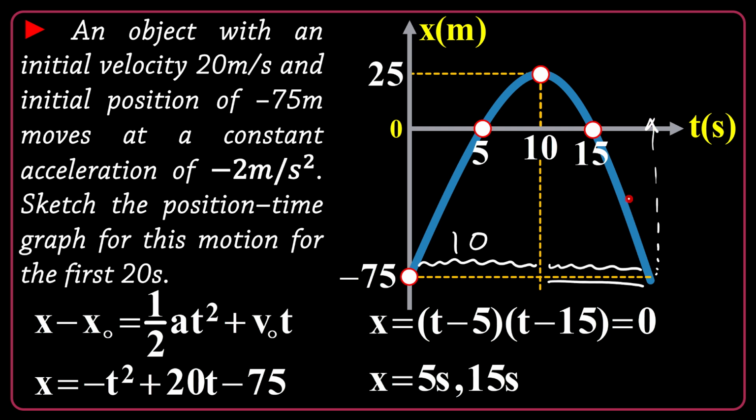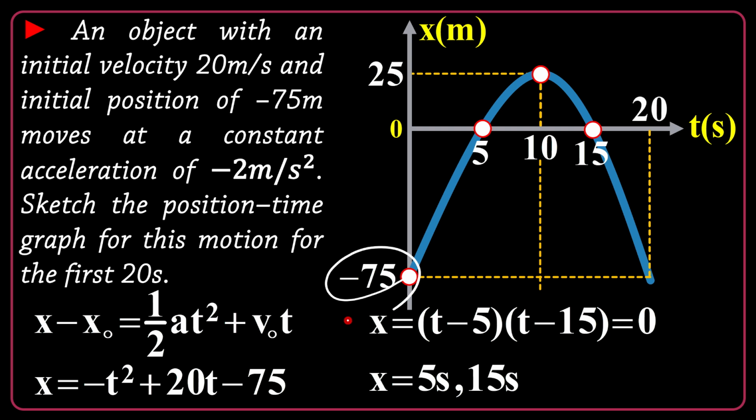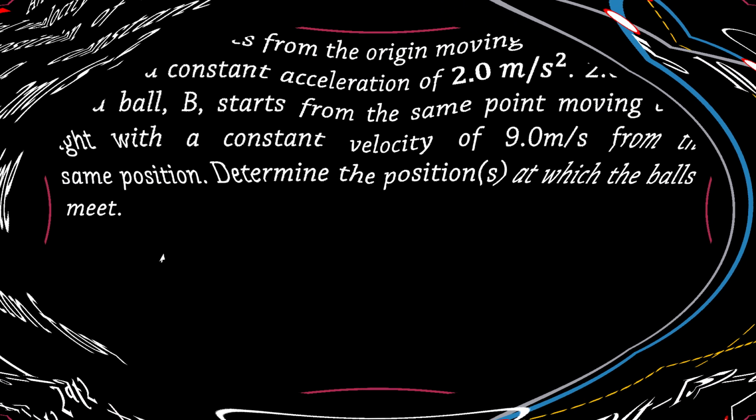So finally it will get negative 75 meters again at t equals 20. Of course, the graph will continue to infinity, but the first part, for explaining the symmetrical properties of the graph, concaving down, initial velocity and so forth, will be from 0 to 20 seconds. More than that is nothing but an extension of the graph to infinity.